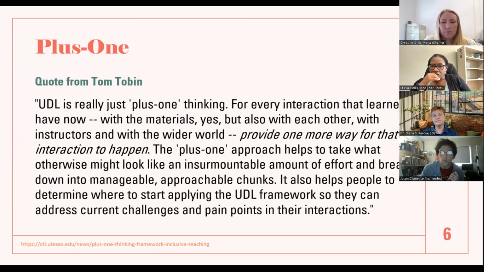So what he says, UDL is really just +1 thinking. For every interaction that learners have now with the material, with each other, with instructors, with the world, this part in italics, really important, provide one more way for that interaction to happen.